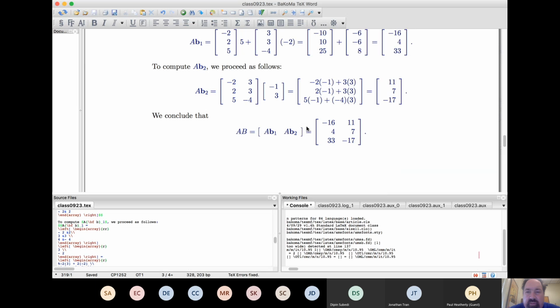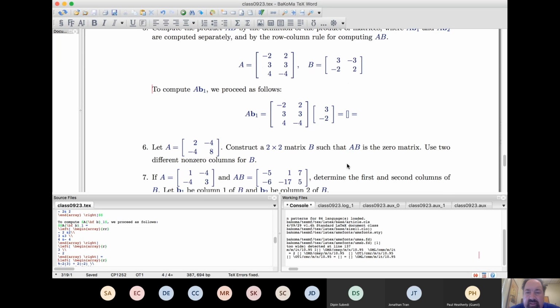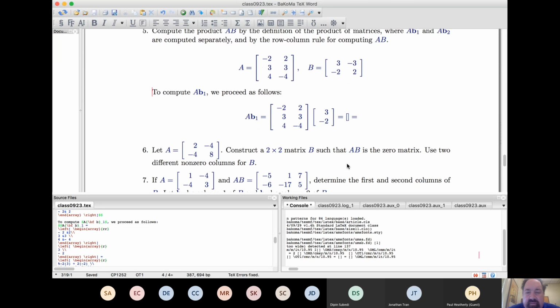That's, in other words, the numbers that I needed to put together here to get these results. What would I have in place of this for this example? Anyone?